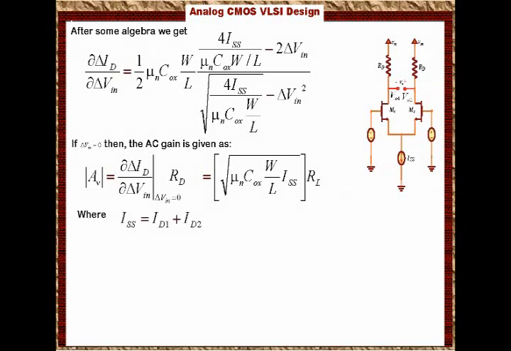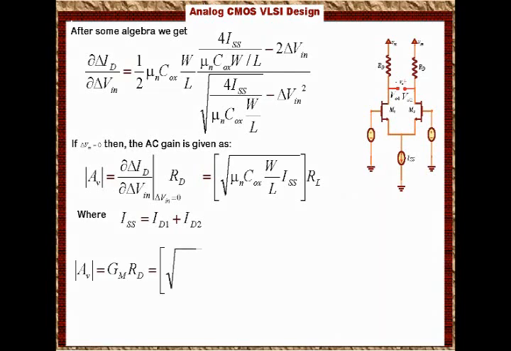Here ISS is the biasing current, which is ID1 plus ID2. Then the gain may be expressed as Gm, the transconductance of the amplifier, times the output resistance Rd.